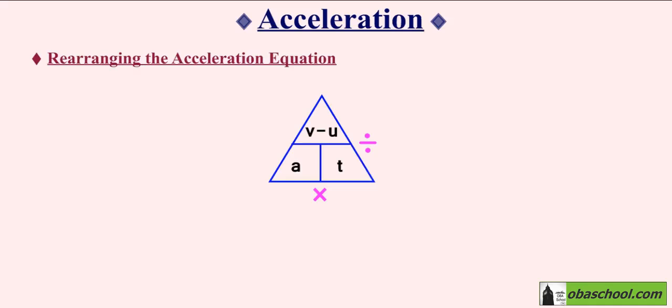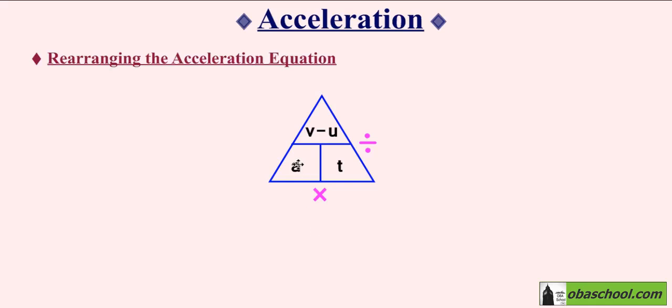Now let's move to rearranging the acceleration equation. This is simplified using the triangle method, where the vertical line means multiplication and the horizontal line refers to division. This triangle has the components of the acceleration: a being the acceleration, t the time, and v minus u the change of velocity, where v is the final velocity and u is the initial velocity.